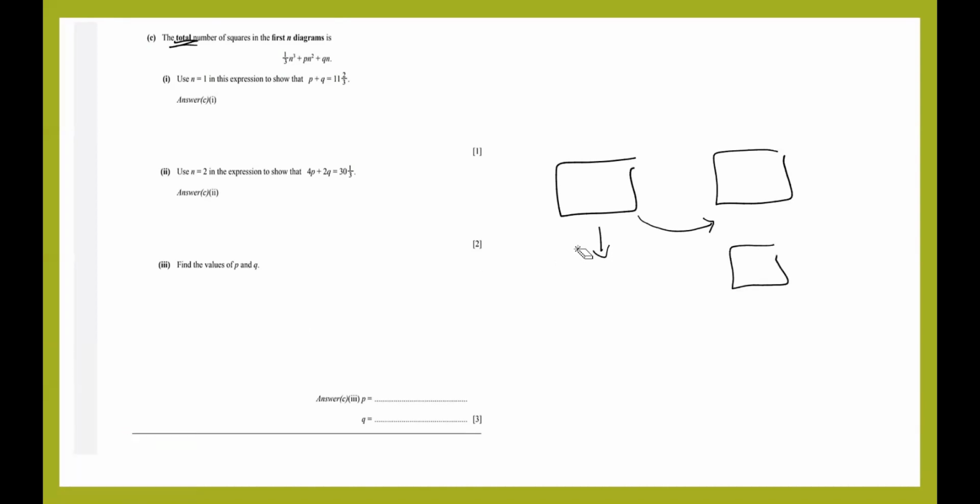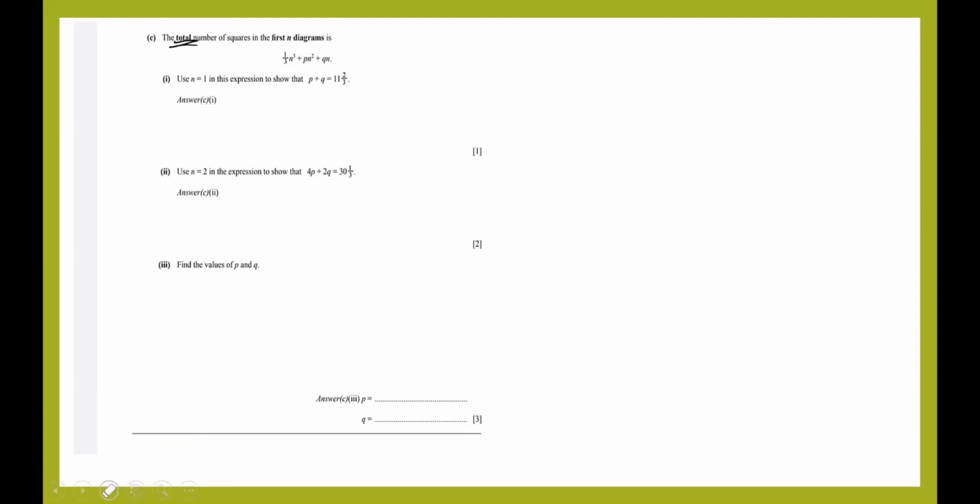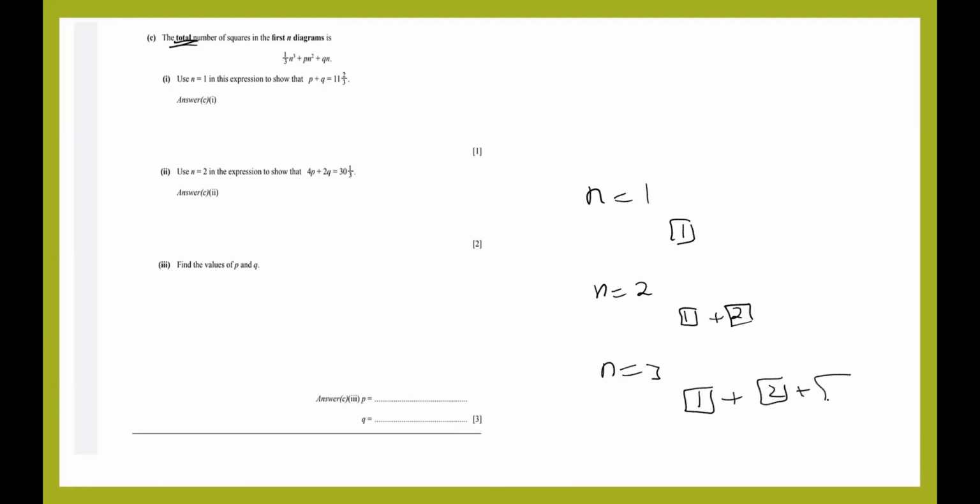For example, when n is 1, you will get the total of squares in diagram 1. But when n is 2, you'll get the total of squares in diagram 1 plus diagram 2. This is called cumulative addition. If n is 3, you will get the total squares of the first diagram, the second diagram, and the third diagram.